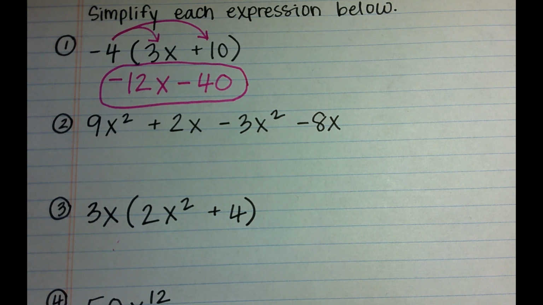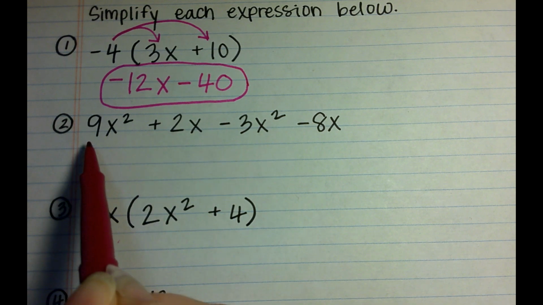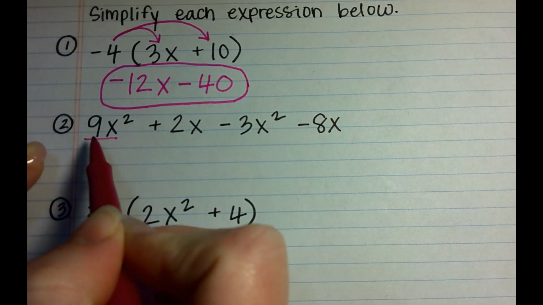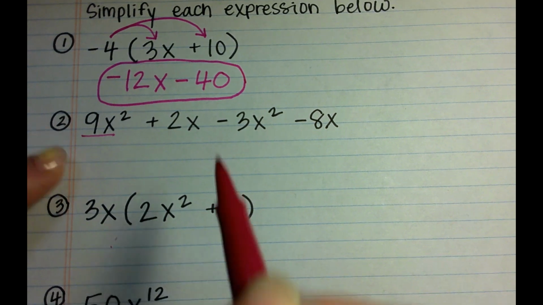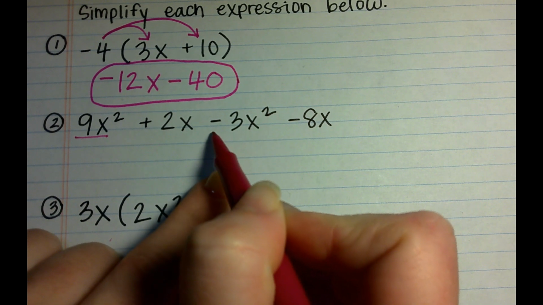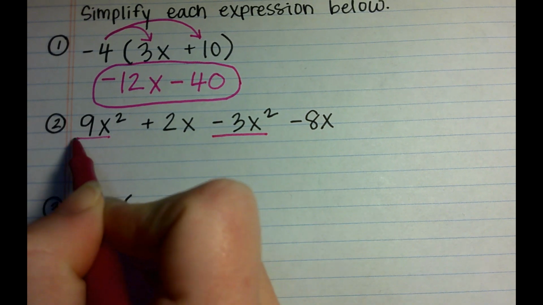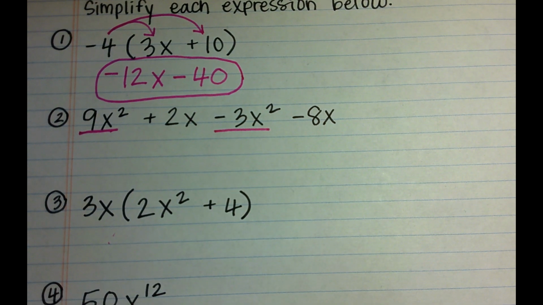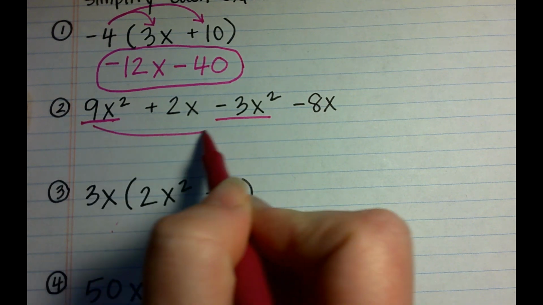I'm going to group them up. So how am I going to group these? 9x squared, take away 3x squared. Good. So I have 9x squared, and the other term with x squared is that -3x squared. So these two can be combined. They're like terms, just like we talked about yesterday.